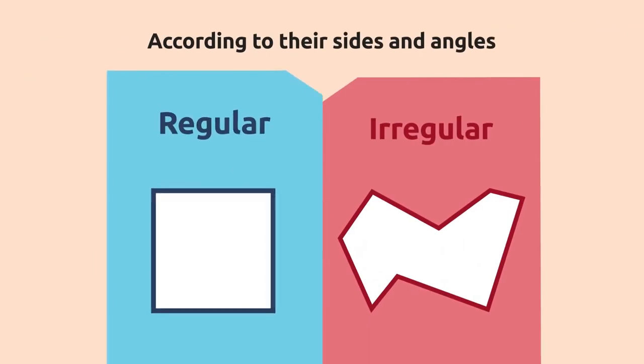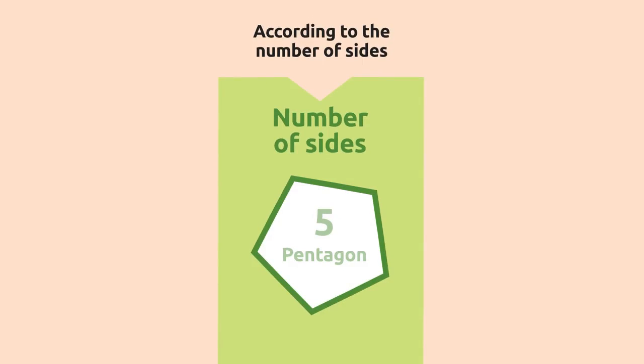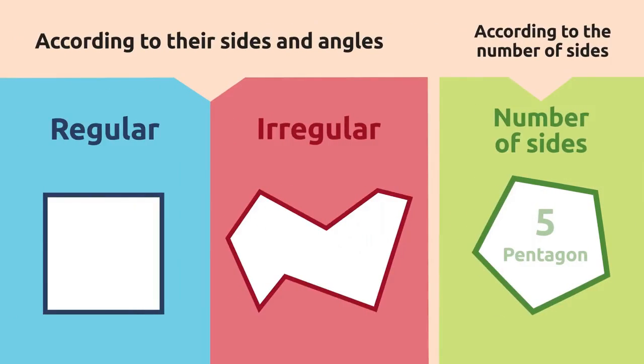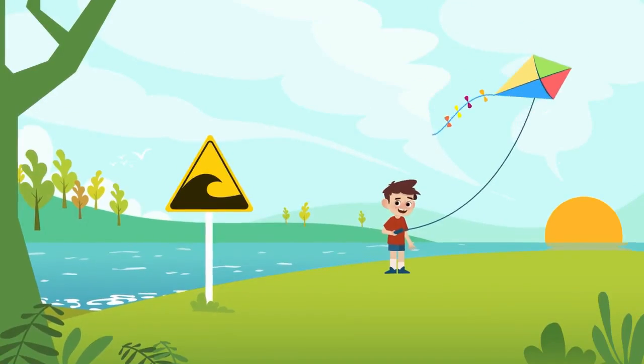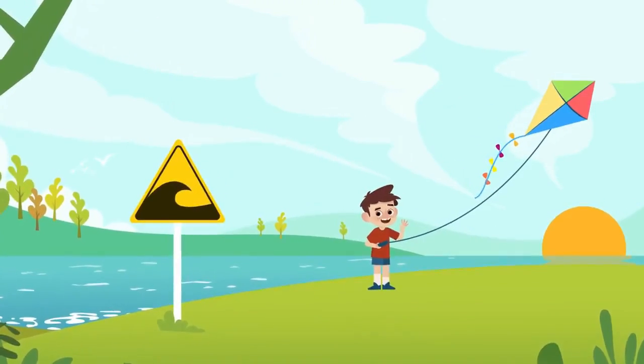They can be classified as regular or irregular, and also depending on the number of their sides. Like math, polygons are everywhere. You only need to look around you and pay close attention.